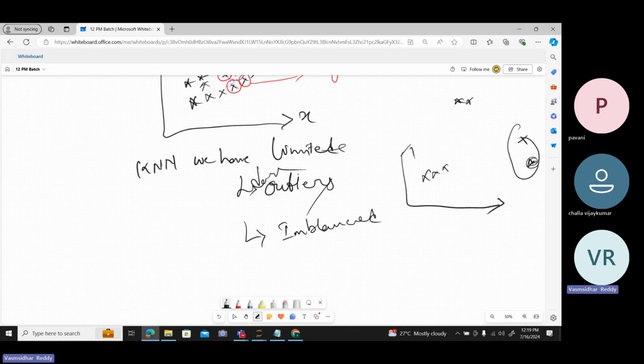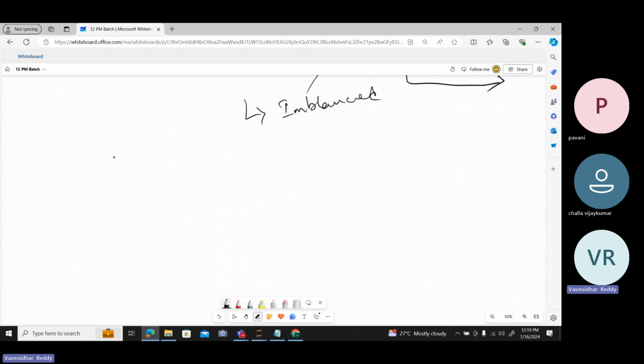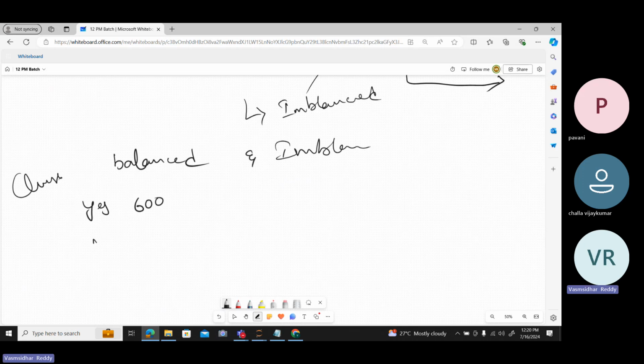Here we find a new word, imbalance. What is meant by imbalance? What is the difference between balanced data and imbalanced data? Simply, if you consider classification, if Yes contains 600 and No contains 400, overall 1000, this is balanced data.